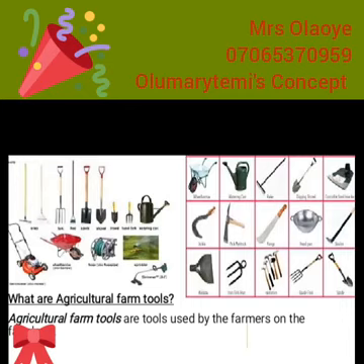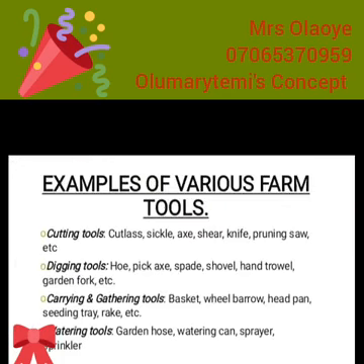So we've come to the end of today's class, but before we go, let me quickly recap what we've learned today. We looked at the topic agricultural farm tools, and we said agricultural farm tools are tools used by the farmers on the farm land. We looked at some examples of the various farm tools. We said they can be grouped into four: cutting tools, digging tools, carrying and gathering tools, and watering tools.